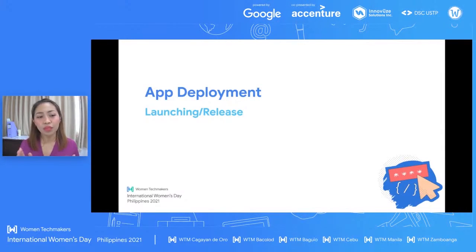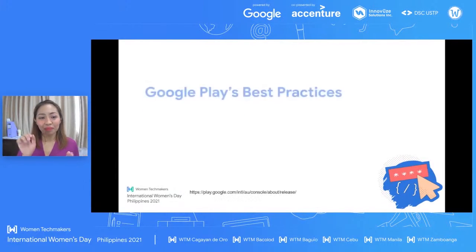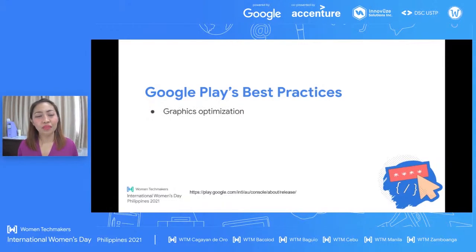So if you don't know how to put it on Play Store, don't worry also, because Google has these best practices. They can recommend how you can improve your graphics, so graphics optimization. They provide you a guide on how to optimize your graphics, screenshots, and videos for your store listing.